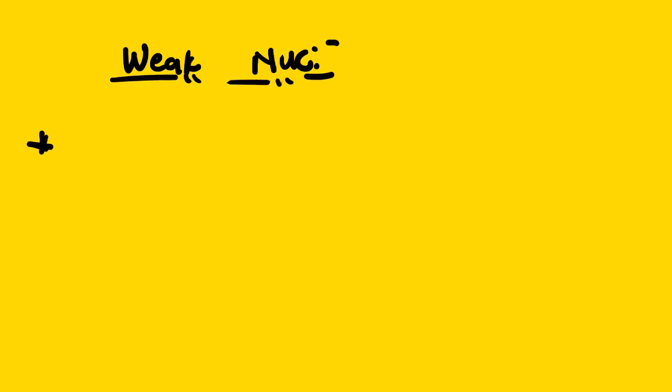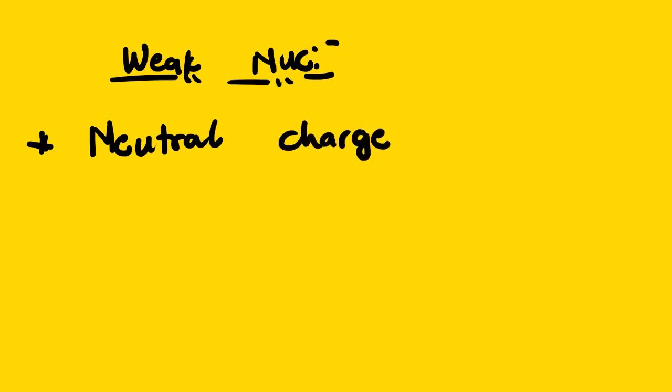So far we've looked at the strong nucleophiles. Let us look at the weak nucleophiles. So any neutral nucleophile, let me say any nucleophile with a neutral charge, you should know that it falls under weak nucleophile.